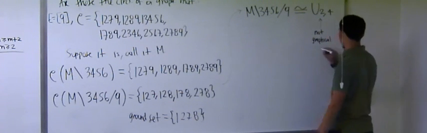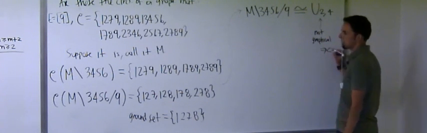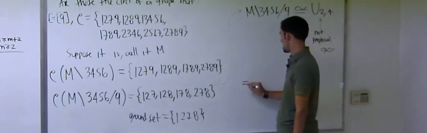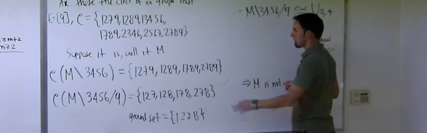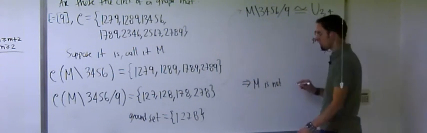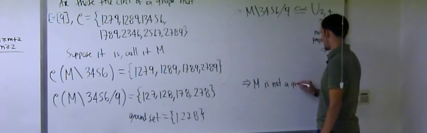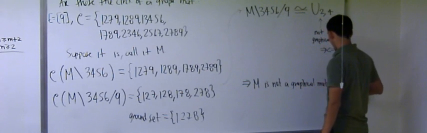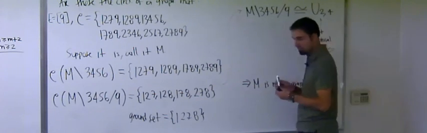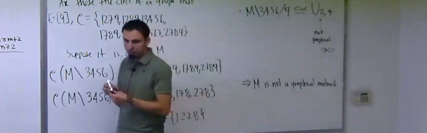And therefore, this is a contradiction. And what that shows is that these are not the circuits of a graphical matroid. Okay. There's my proof.